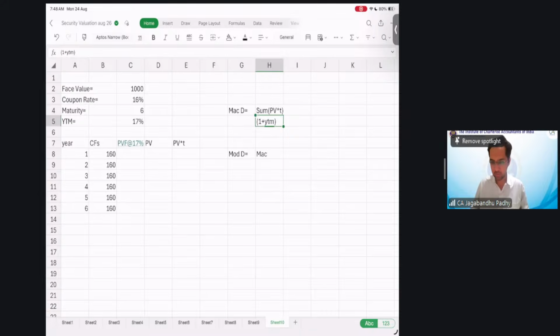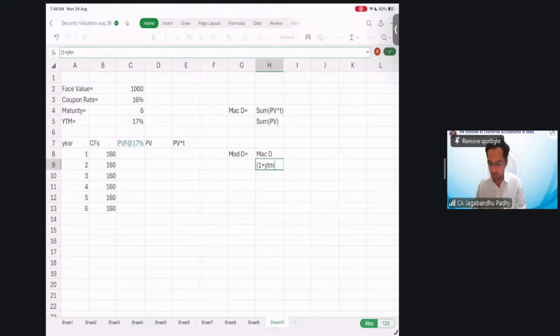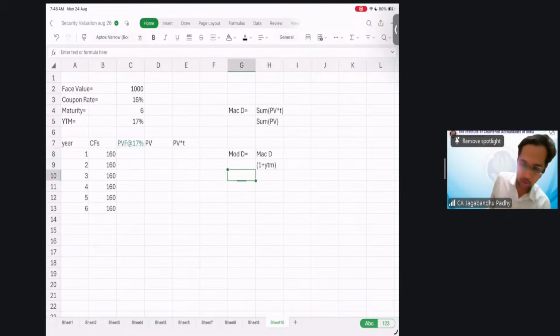In fact, this is summation of PV into T divided by summation of PV. And modified duration is Macaulay duration divided by 1 plus YTM. Get this Macaulay and modified duration. Get the value of Macaulay duration and modified duration.